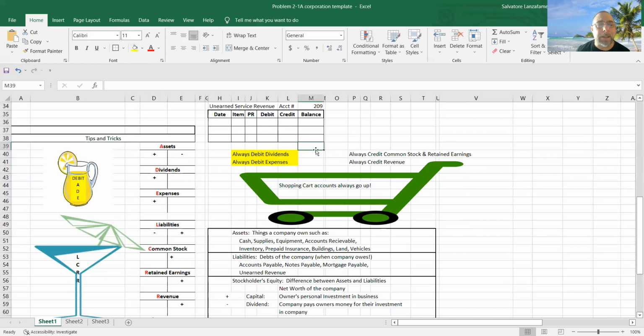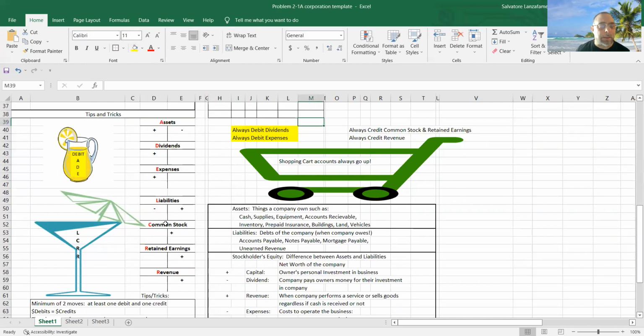The LIQUOR accounts are a little bit expanded from the original LIQUOR that I shared with you, if you've seen my other videos. In corporation lingo, the L still stands for liabilities, but now the C stands for common stock. And we have 2 R's, R for retained earnings and R for revenue. But notice that only the liabilities of the LIQUOR accounts go up and down.